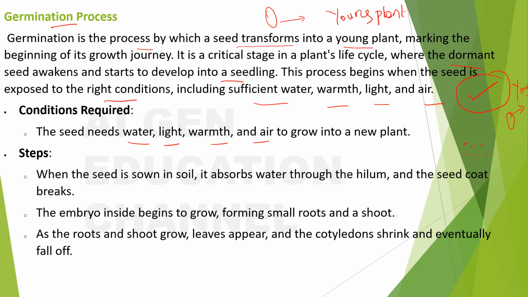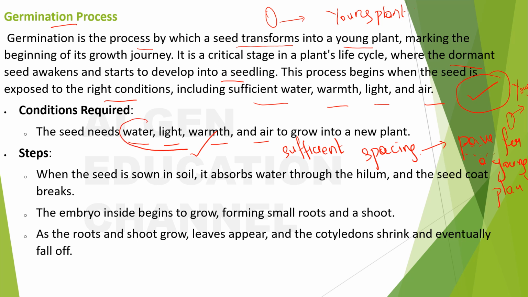Just pouring all the seeds at a single place will not give you new plants. Apart from the right conditions, there should be sufficient spacing too. All these things together pave the way for a young plant to grow. So don't forget all this. The success ratio increases by giving sufficient spacing.